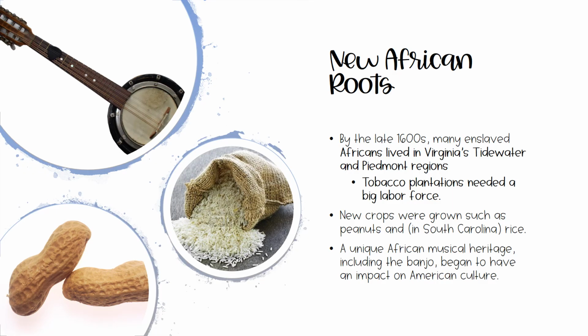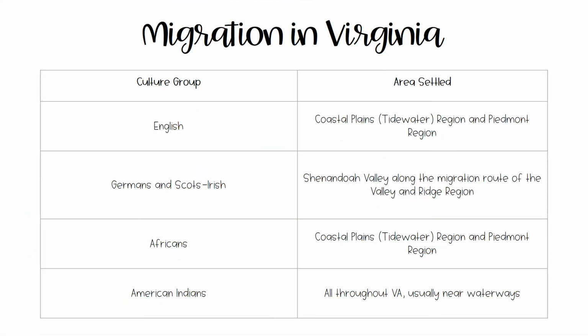Tobacco plantations needed a big labor force, and the Africans were the people to do the job. New crops were grown, such as peanuts and, in South Carolina, rice. A unique African musical heritage, including the banjo, began to have an impact on American culture. Take a moment to read this chart, which summarizes where each cultural group settled in Virginia.